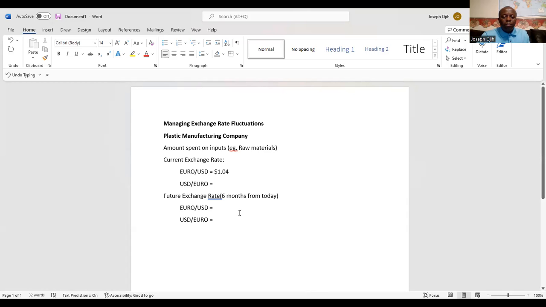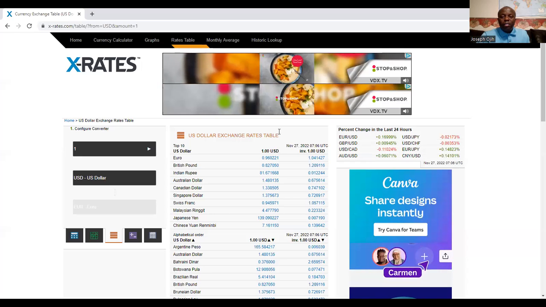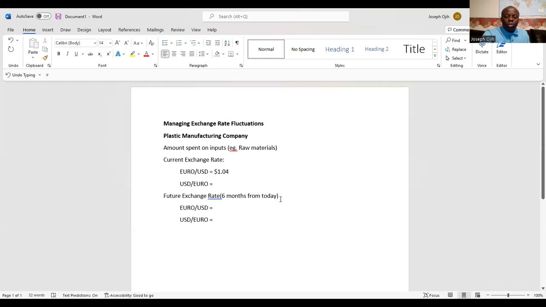If you go to that table again, a dollar can buy approximately 96 cents equivalent of euros, so 0.96. So assume that the amount you budgeted for raw materials each year, or every 6 months, is, let's say, $1 million.